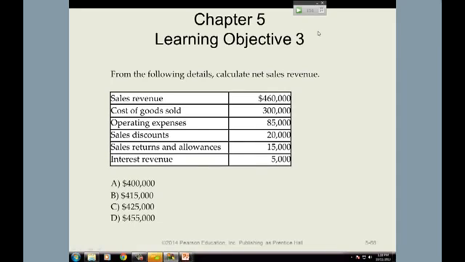Any other questions on this particular question? Okay. And this says operating income. That's operating income. Not net income, but we're going to explain the difference in a few minutes. Okay.